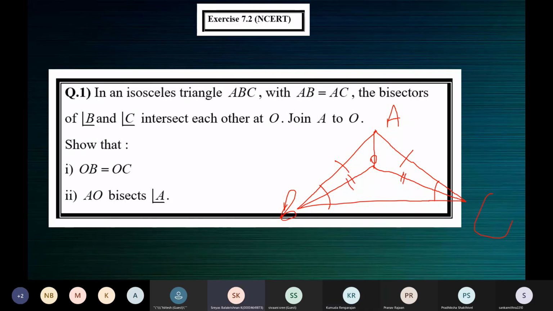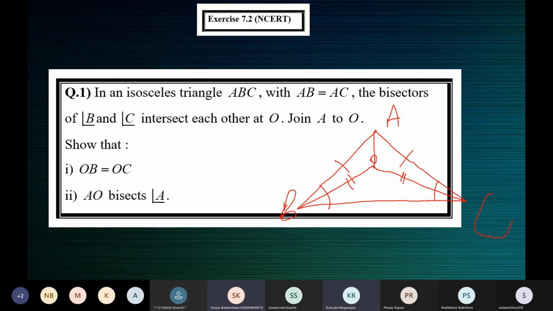Ma'am, I have a guess, but I don't think it would be right. Yeah, tell me. Ma'am, as they have given that triangle ABC is isosceles with AB equal to AC, and that the bisectors of angle B and C intersect each other at O, so angle B is equal to angle C, ma'am.